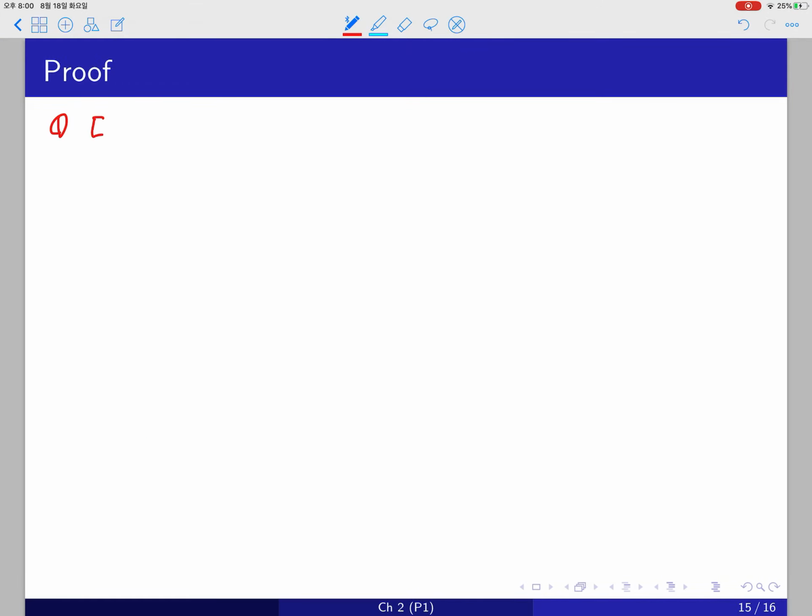Anyway, the proof. So how to prove this? Well, the integral of f(y, zeta) dy is 1. So that's the definition. And then the definition of the score function is this.